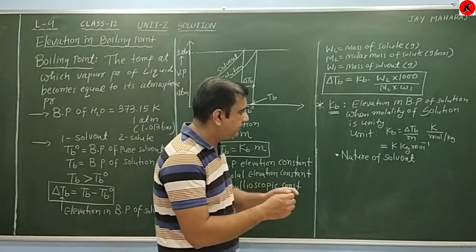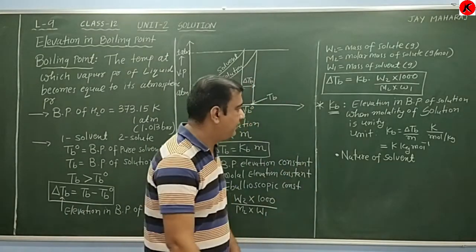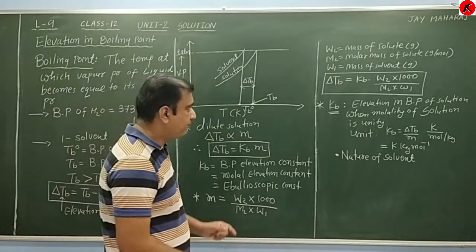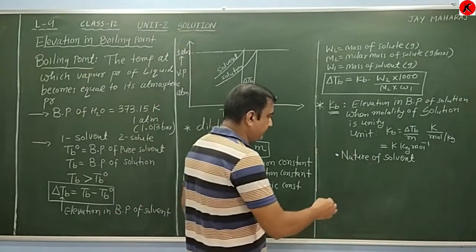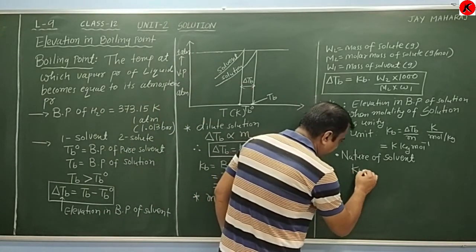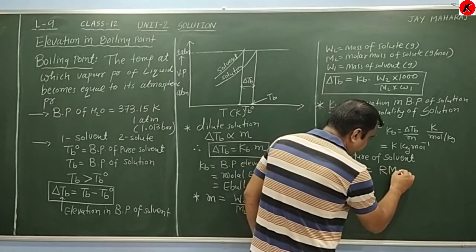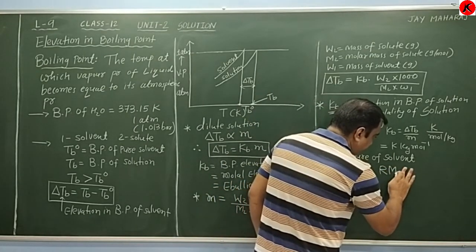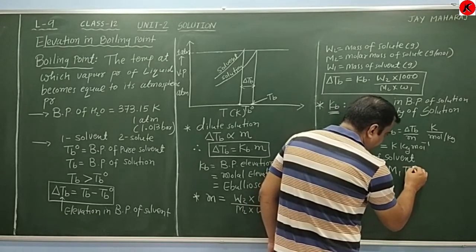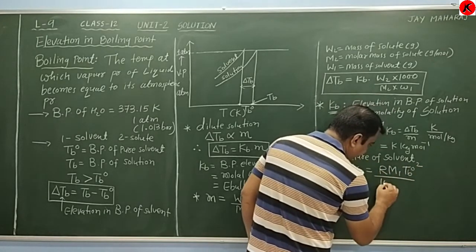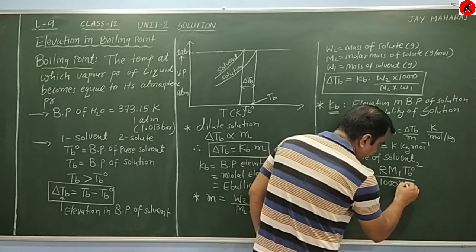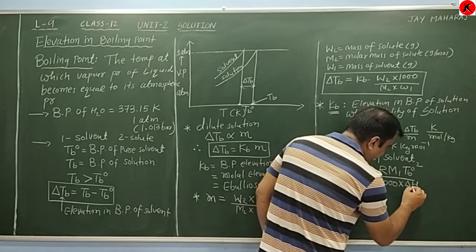For a particular solvent, how to calculate the value of Kb? It can be calculated using this formula: Kb equal to R into M1 into Tb0 square divided by 1000 into delta H vaporization.